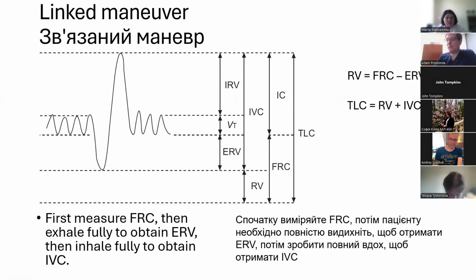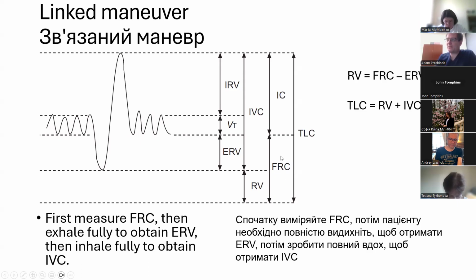We'll pretend for a moment that we are able to do it, and we'll go into why in a second. The way it's typically done, as I mentioned before, is that the functional residual capacity, this point here, is the most reproducible point. If you ask a patient to do the maneuver, they are most likely to reliably repeat this spot, so this is what's measured typically.